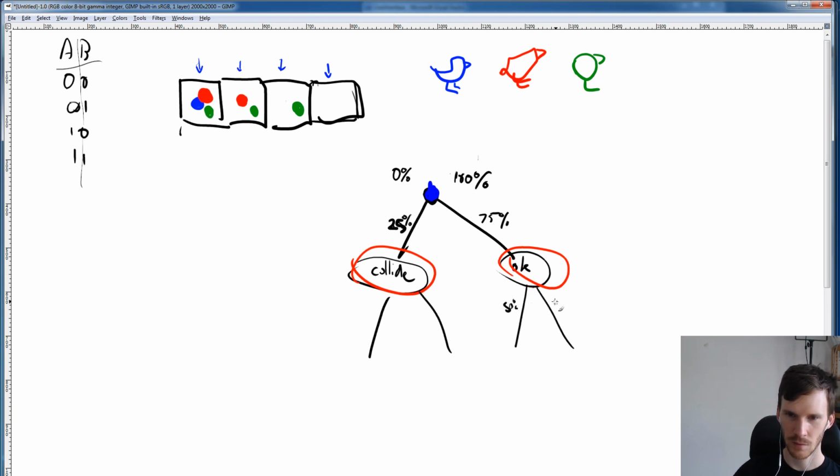Oh, interesting. It was 75 before, but it's only 50 now. I thought it would be 75 the other way. Interesting. Hopefully you can see that from the diagram. There's a 25% chance he ends up in blue's home.